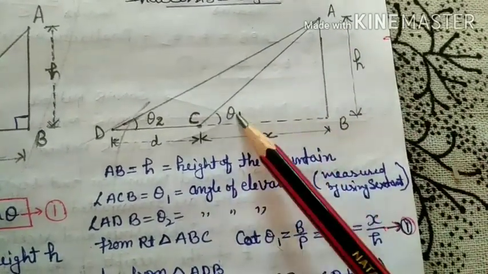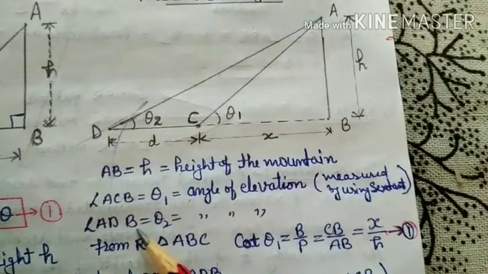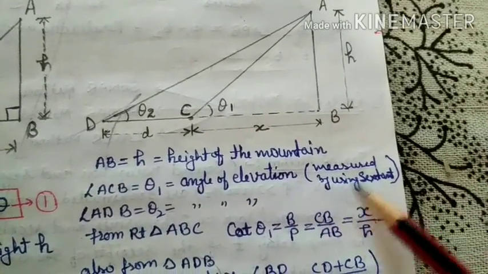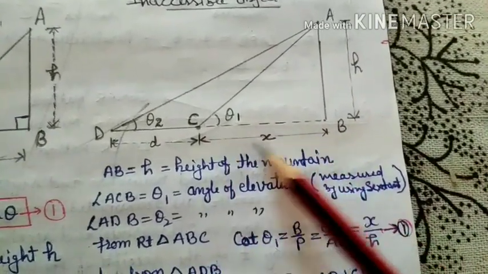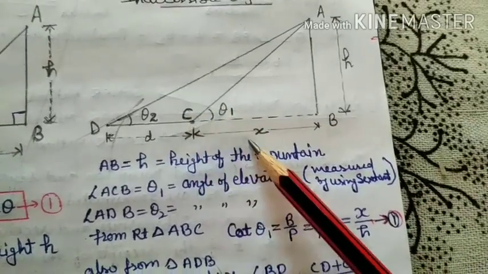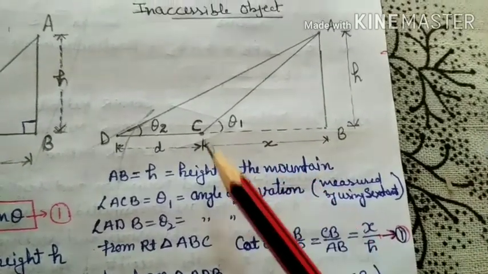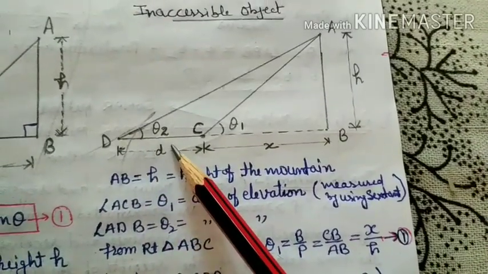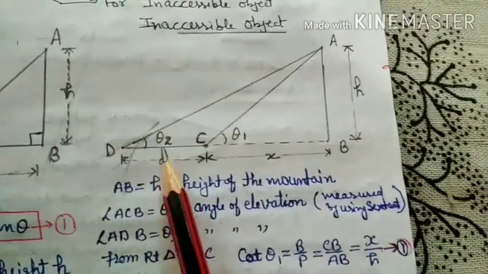Angle ACB is theta 1, an angle of elevation, and angle ADB is theta 2, again an angle of elevation, which you can measure directly with the help of a sextant. Let the distance between C and B, from the mountain across the river to the observing point, be x. We are not supposed to measure that directly. We directly measure the distance between C and D, that is small d. Both points C and D are on the same side of the river.